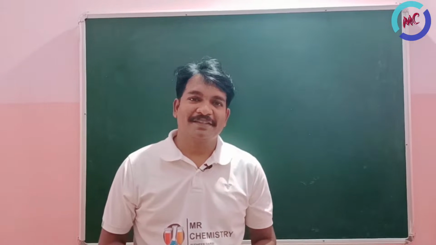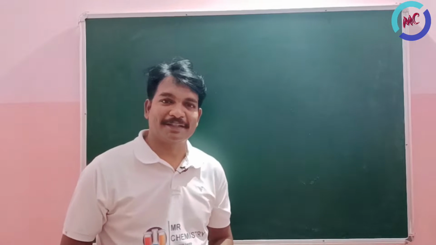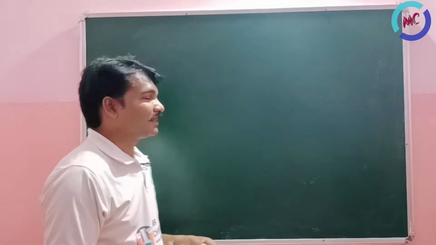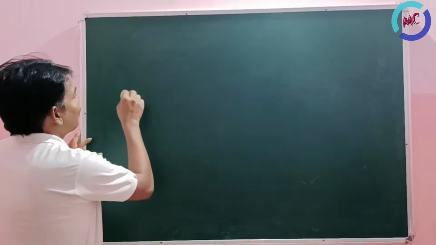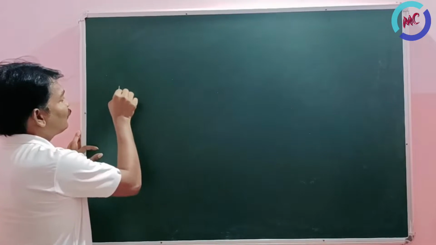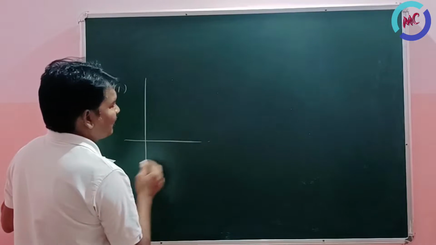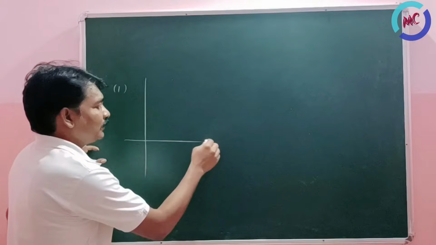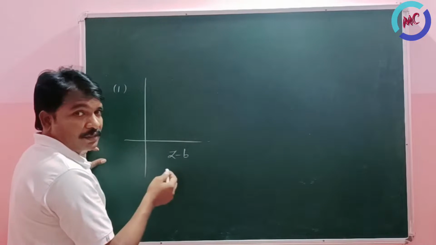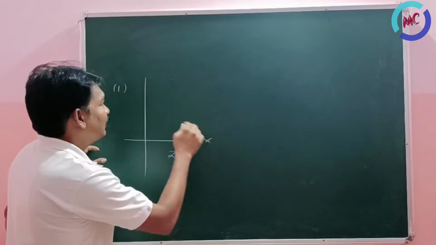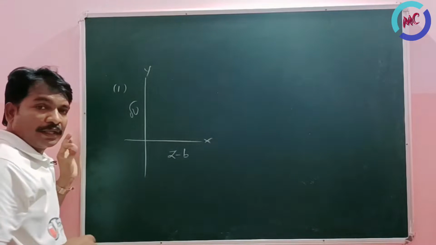Now we will check the plots which show the relationship between frequency and atomic number according to Moseley's expression. See here, there are three kinds of graphs. We will check one by one. If we consider the first one, see here, we are taking atomic number Z minus the constant b on the x-axis and root nu on the y-axis.